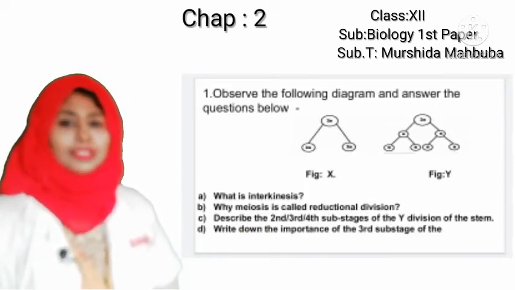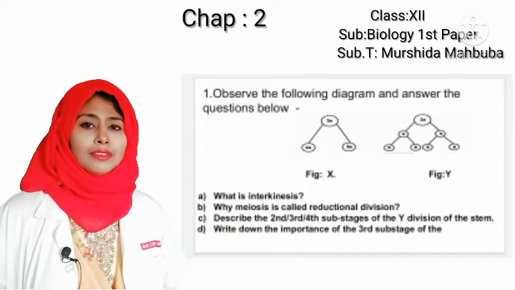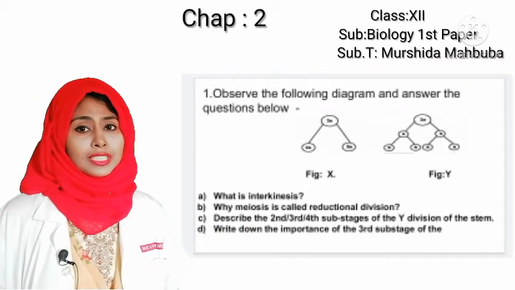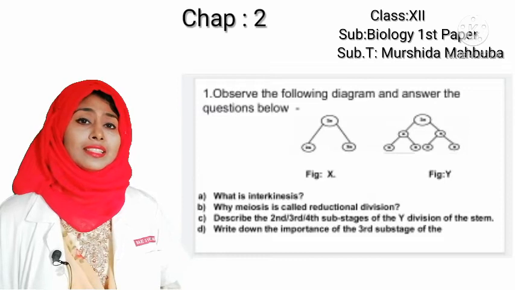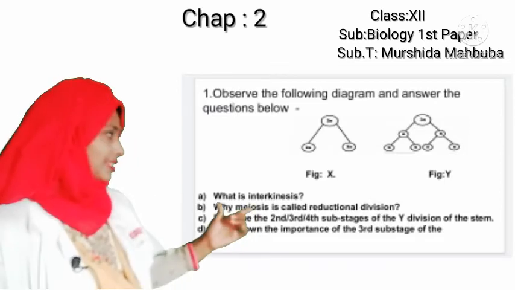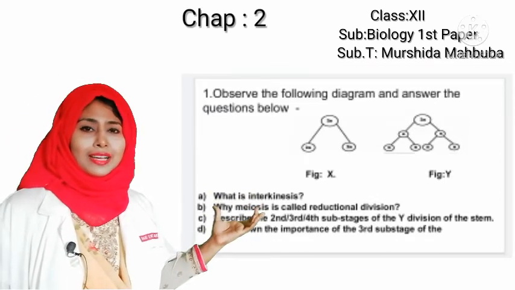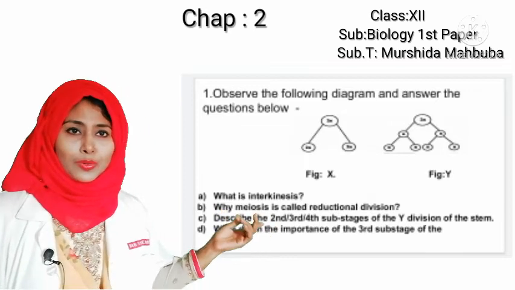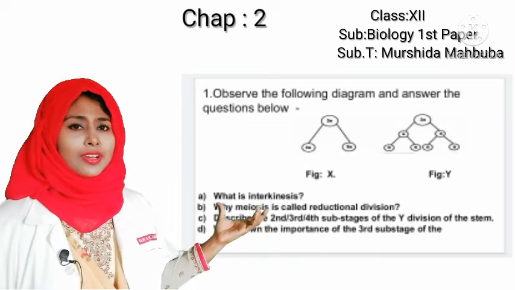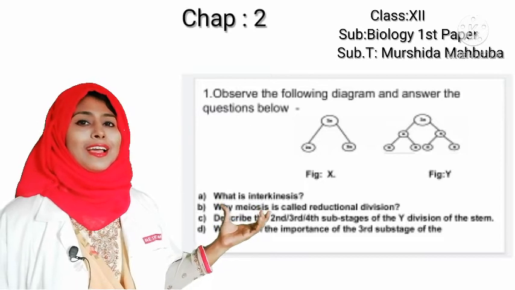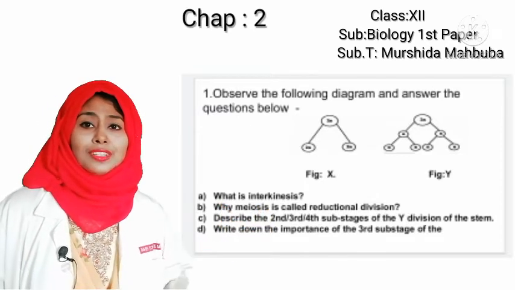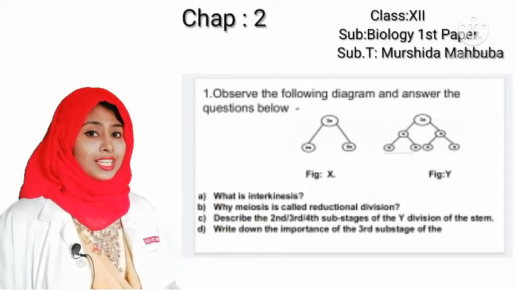Then write down the importance of the process occurring in the third sub-stage. The third sub-stage is Pachytene. Which process occurs here? Do you understand what is wanted in this question?